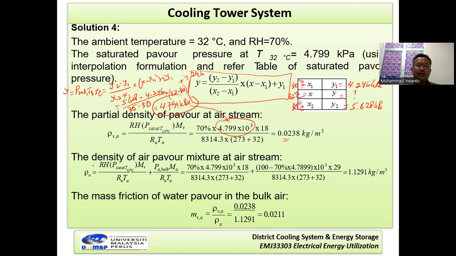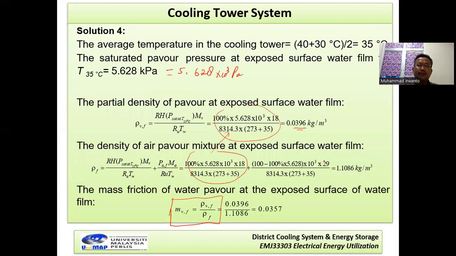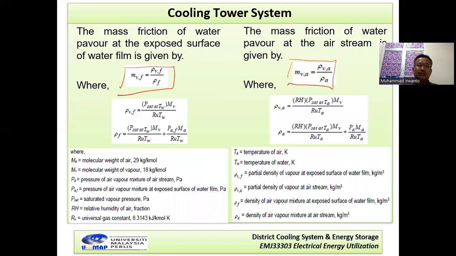And then we want to find rho A, the density of the air-vapor mixture at the airstream. All of these values are the same as in this case. It is 100% minus 70%, so here it is 100 minus 70% of PA at the temperature of 32 degrees Celsius, and then MA is 29 from here.